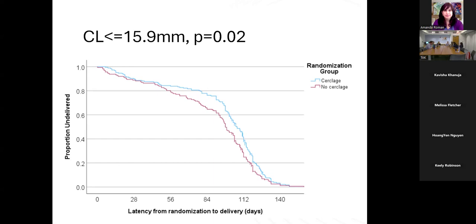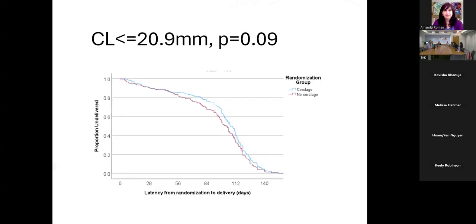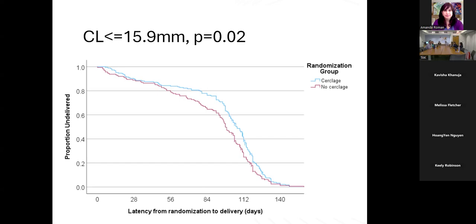I don't want to be the last either. But can I ask a question about both this one and the next curve? It almost seems like, correct me if I'm wrong, there are two groups of people here. There's a group where there's not all that much difference between cerclage and no cerclage, who aren't going to get that much more time in pregnancy regardless of what we do for them.